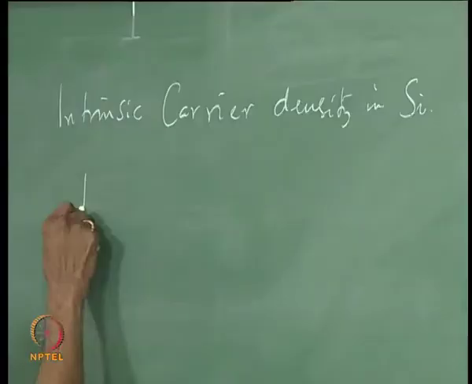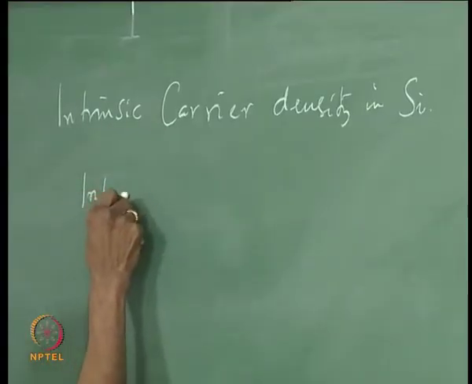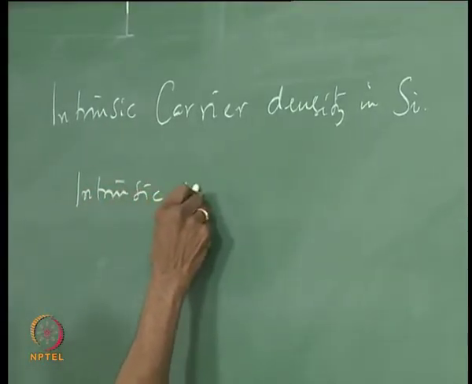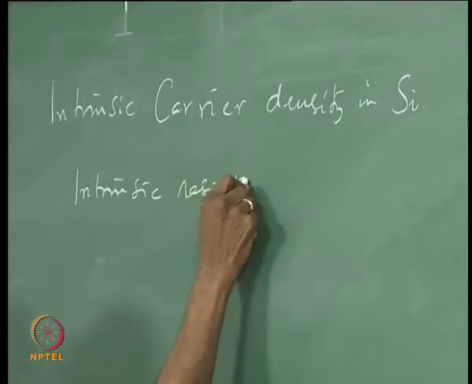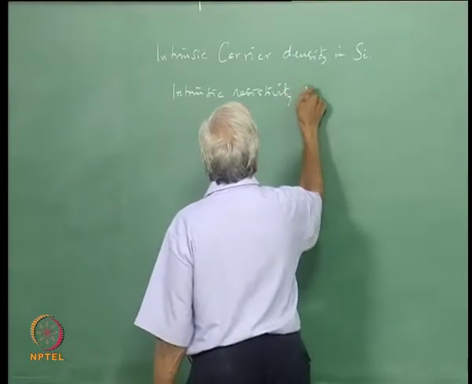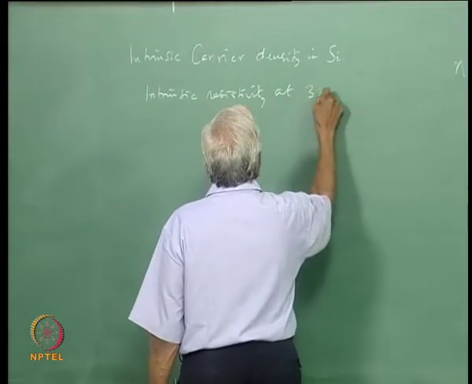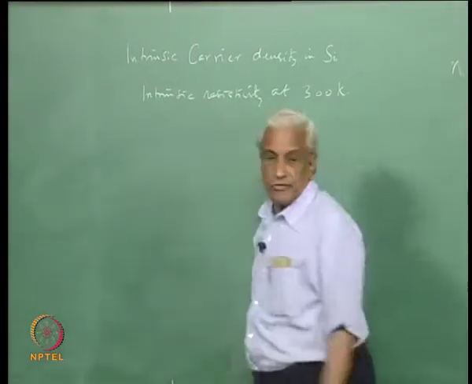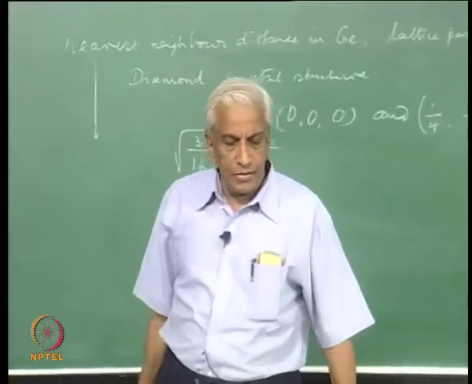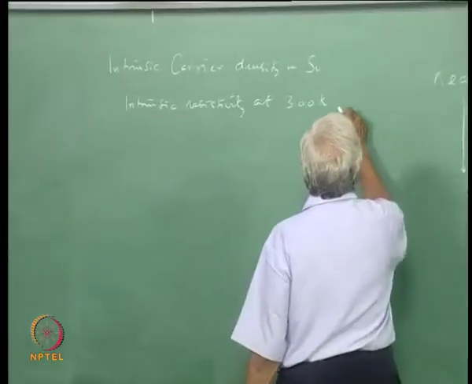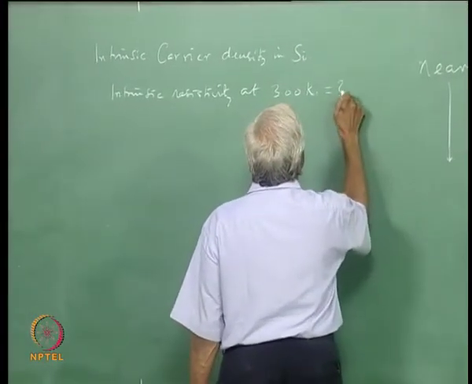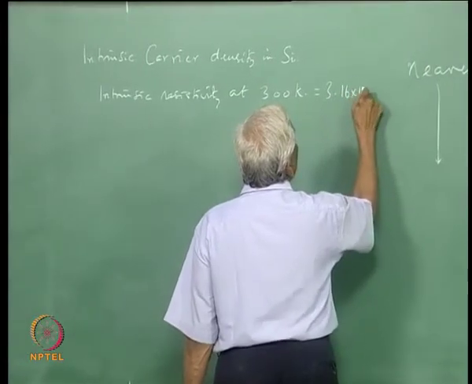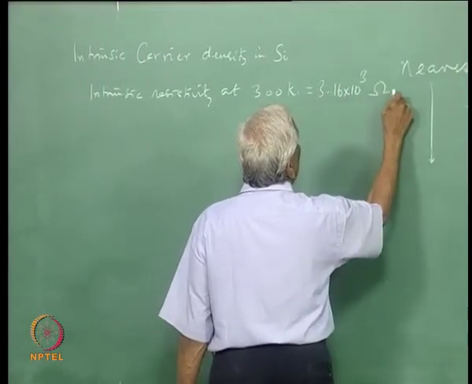We are given that the intrinsic resistivity at 300 K is 3.16 into 10 to the power 3 ohm meter.